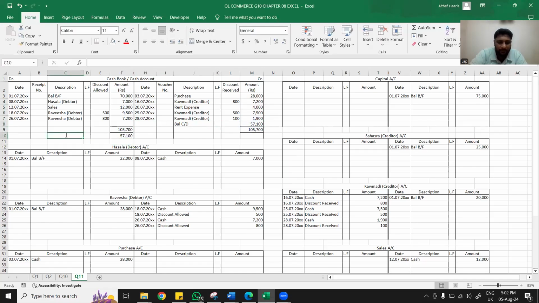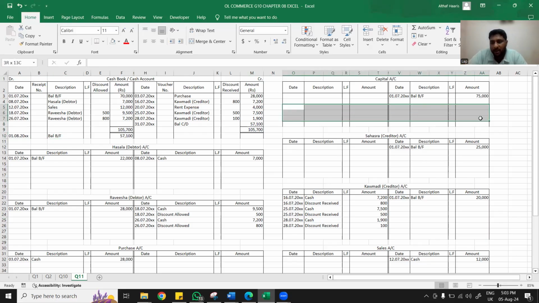This is the balance b/f. 31st July 20XX. Here 1st August 20XX. But we are not done. Just because you balanced it, it doesn't mean we are done with the question.